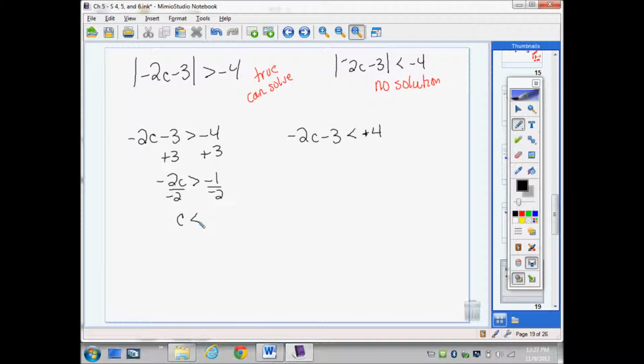I end up flipping because I'm dividing by a negative, so c is less than 1/2, and greater than negative 7/2.